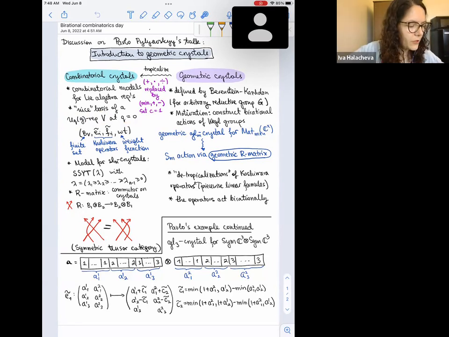As Pasha was explaining, we have some finite set, the set of vertices in the graph, and then the Kashiwara operators, which correspond to the Chevalley generators of the Lie algebra, the raising and lowering operators, as well as a weight function, which keeps track of the weight of the elements.